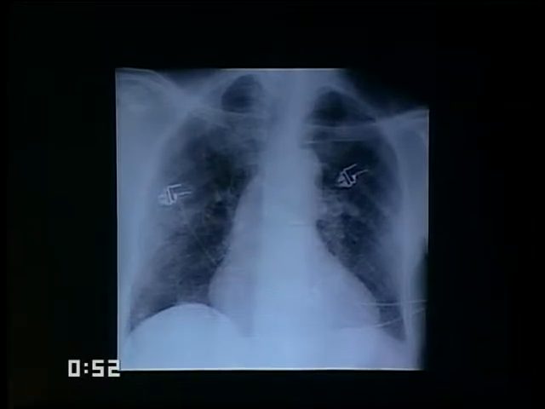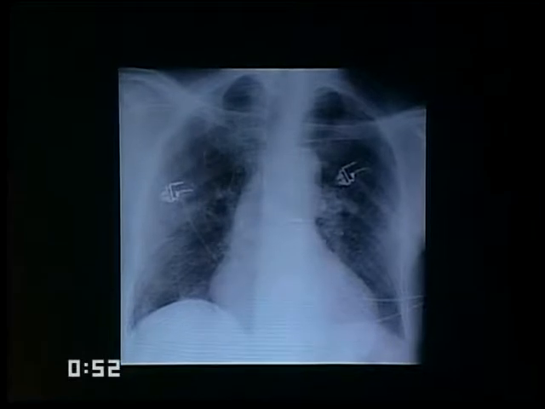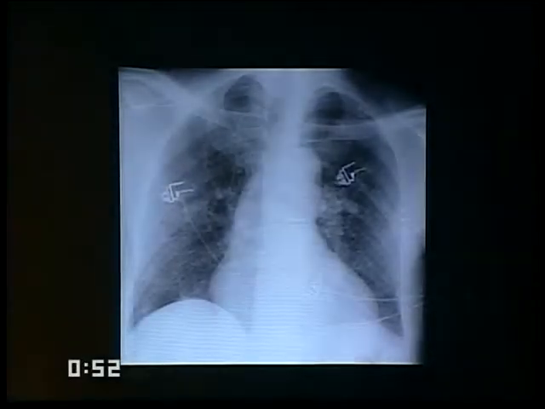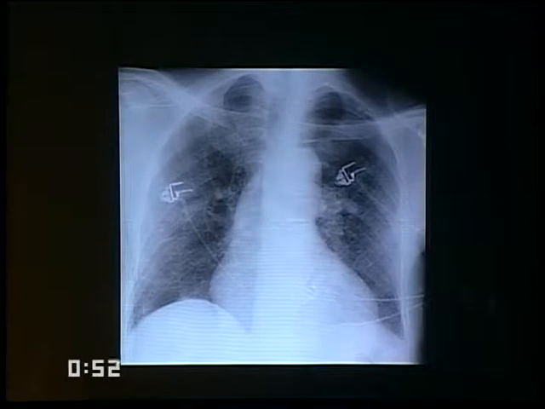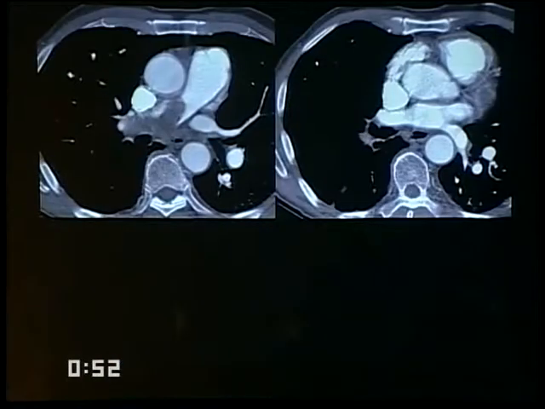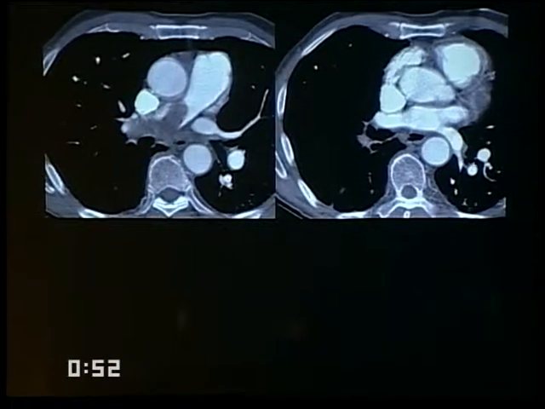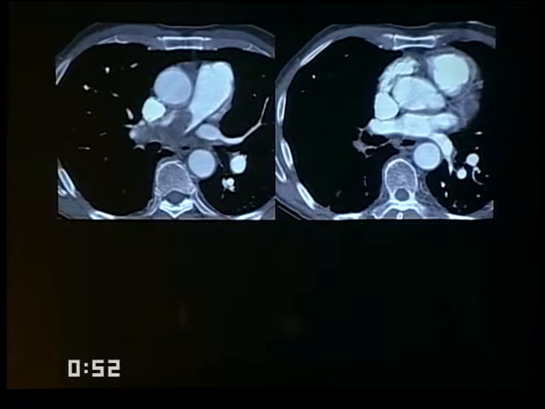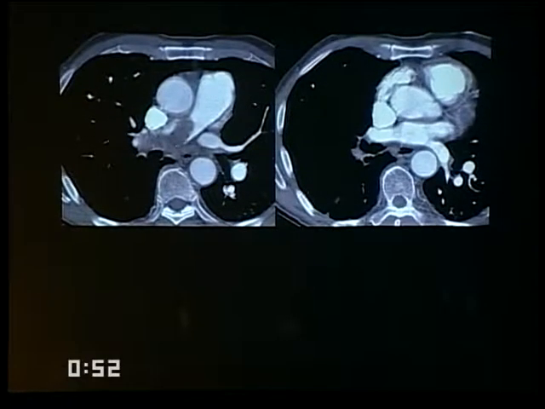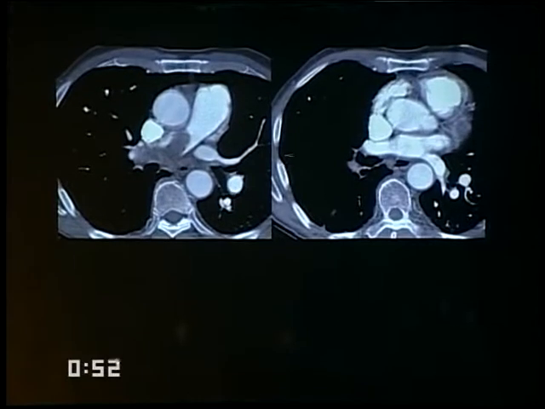Here is an example of a patient with cardiomegaly and a large left pulmonary artery. On the CT scan, we have a large thrombus extending into the main pulmonary artery. However, as we go further distally and we go to the descending pulmonary artery, we've really just got a very small sliver of a fibrous band.